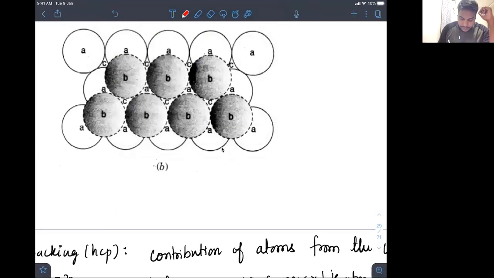Let's say I take it from here, these two I have joined, and I have joined these two A centers, these two A centers, these two A centers, and these two A centers. And then we have these 3 B atoms which are present, and above these again I'll get the A type of packing. So if I join those two also, then this is what I will get.